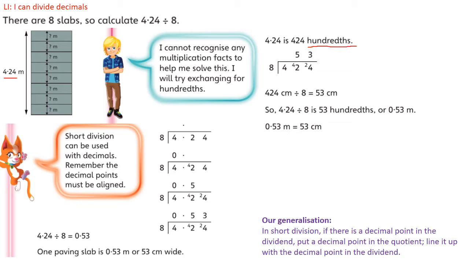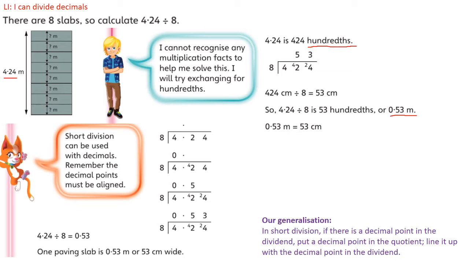How many hundredths do I have if the number is 4.24? It is, of course, 424. So now I'm just doing a straightforward short division, which you can all do. So if I had 424 centimetres, I divide that by 8 and I get 53 centimetres, which is the same as 53 hundredths, or in other words, 0.53 metres.